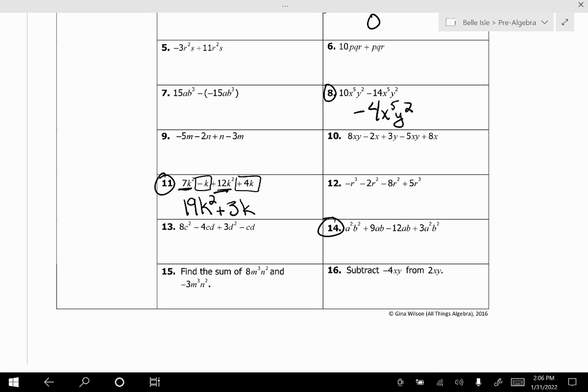Sophia: The title of this page is adding and subtracting monomials, so wouldn't these be polynomials, binomials, and like that?